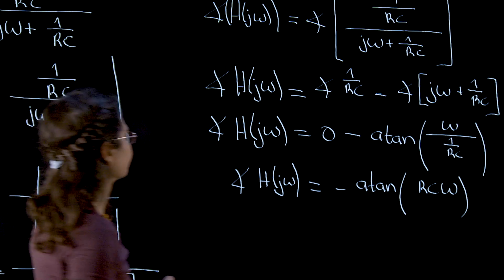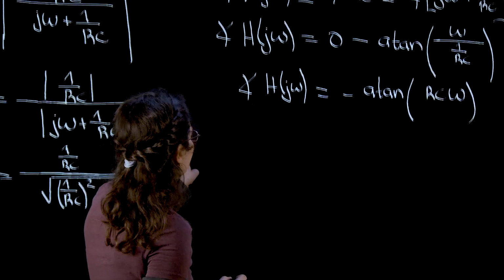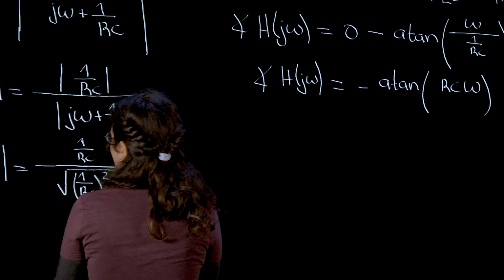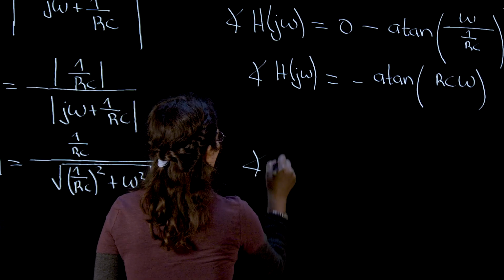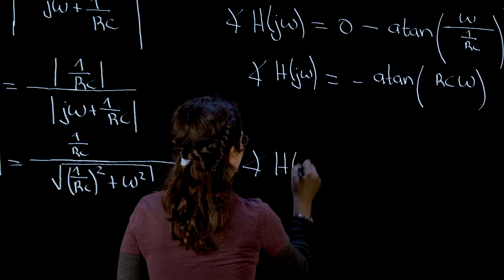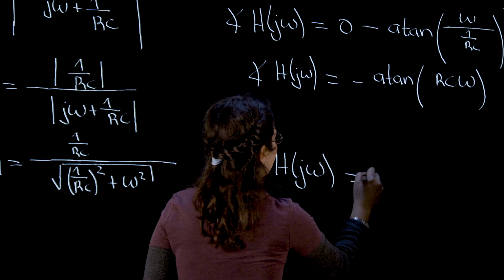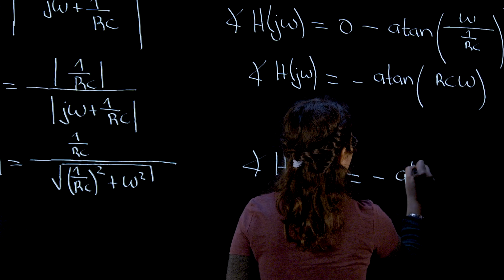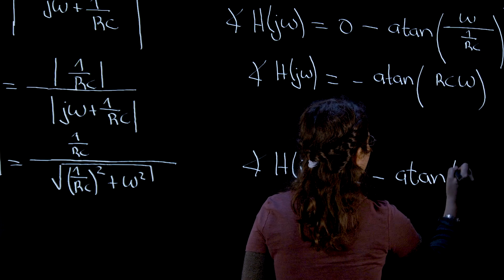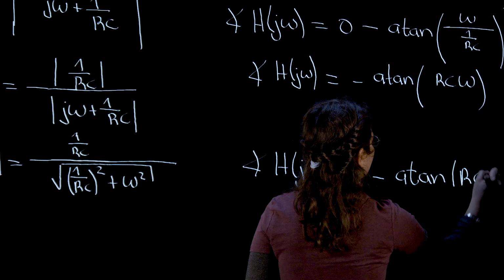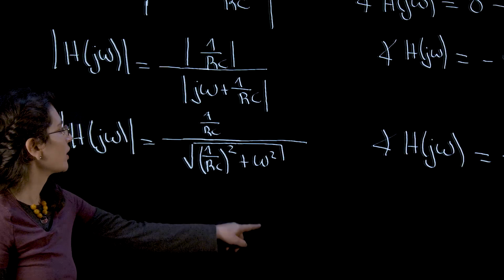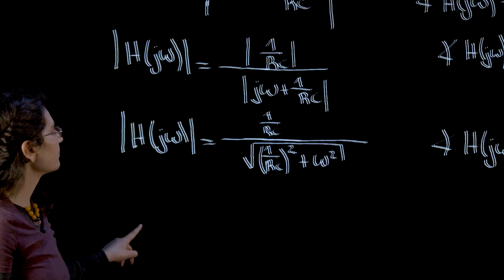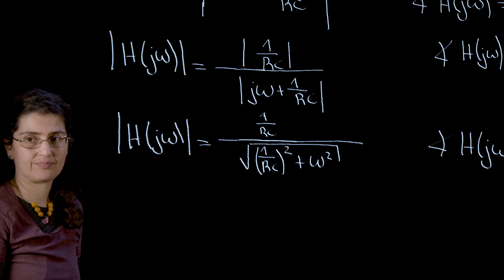Yeah. So here we have, I'm going to write it down here so that we have them close to each other. So the phase of my transfer function is this number.